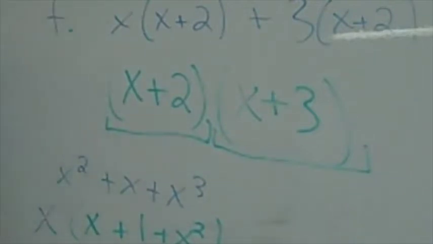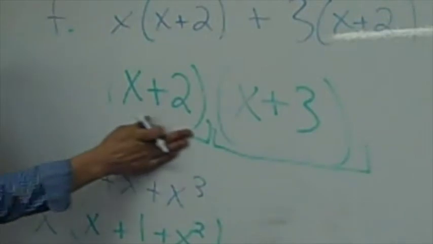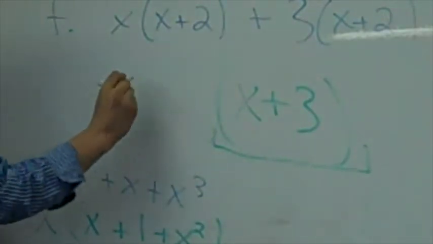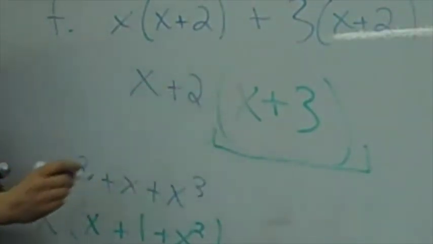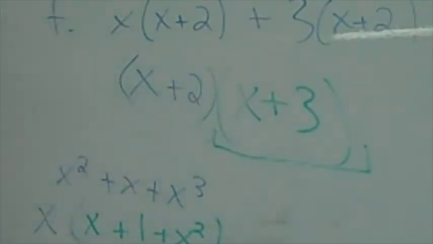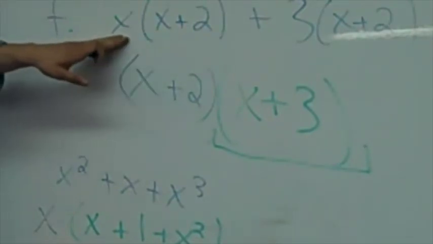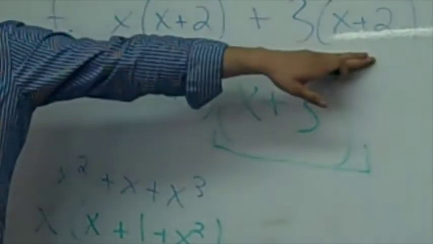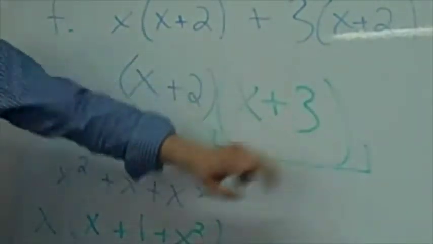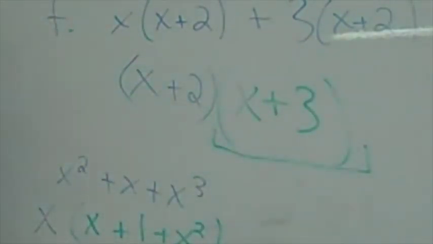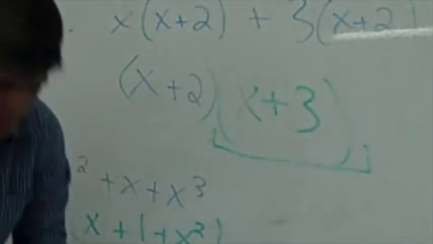Now up here, the term that we wrote in front was x plus 2. So that's what goes in front. And then what's left over here when you take away the x plus 2? x. And here? 3. So x and 3. Oh, that makes more sense. Good. So close, but yet so far.